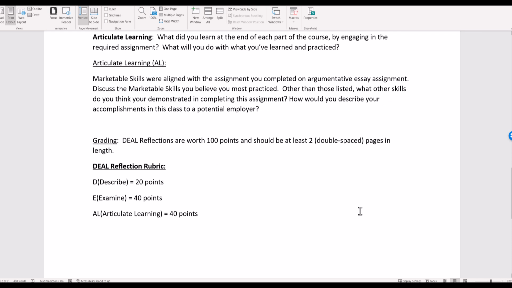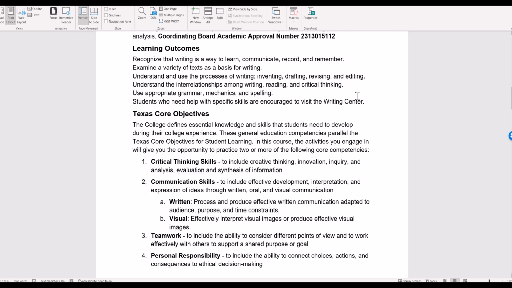Let's look at each of these different documents. Here's our course syllabus, and the learning outcomes are to recognize that writing is a way to learn, communicate, record, and remember. We examined a variety of texts as a basis for writing. We learn to understand and use the process of writing: inventing, drafting, revising, and editing.